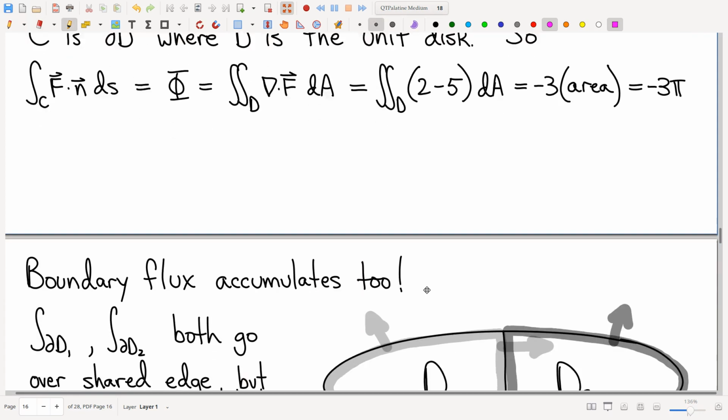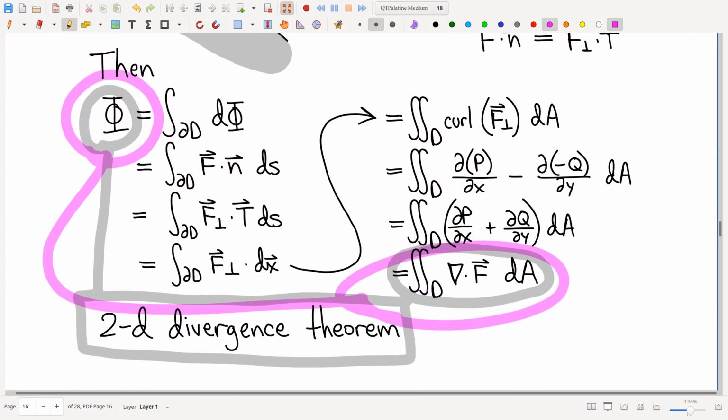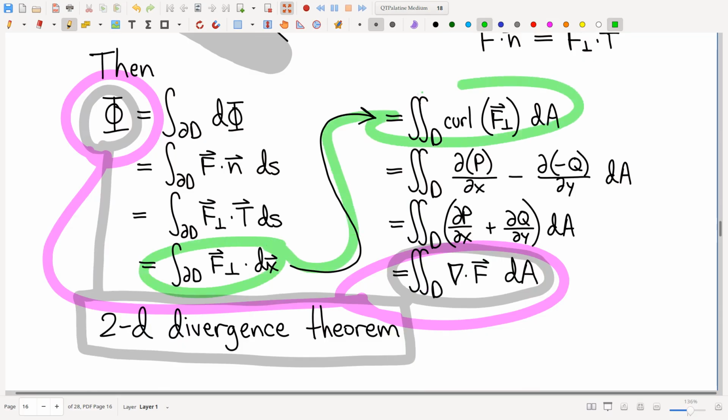Okay, so moving along. Now I presented this as a kind of tweak of Green's theorem. Remember, Green's theorem right here did all the heavy lifting. I really relied on using Green's theorem to turn the boundary question into an interior question.